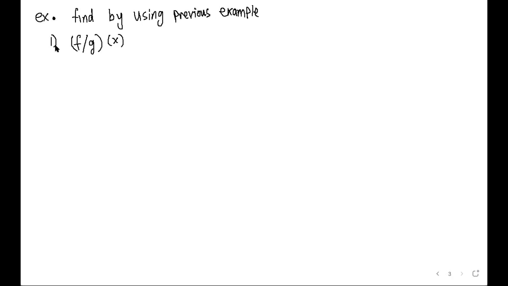Find, by using the previous example, f quotient g, number 2, the domain.